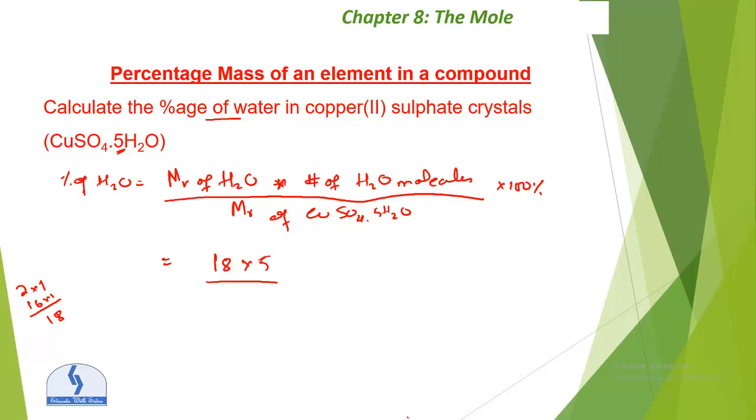The Mr of the formula you have to calculate on the side. Mr of the formula: for copper, the atomic weight is 64. For sulfur, atomic weight is 32, number of atoms 1. For hydrogen, there are 10 atoms of hydrogen, and atomic weight is 1, so 10 multiplied by 1 will be 10. And oxygen having the atomic weight of 16.